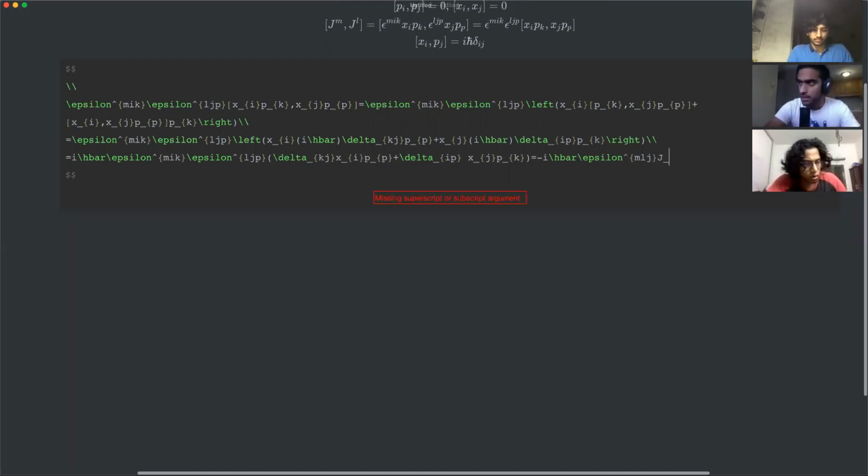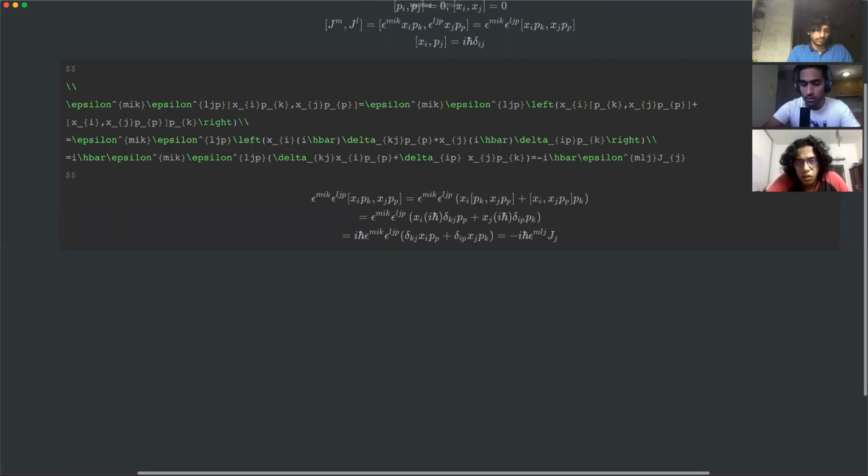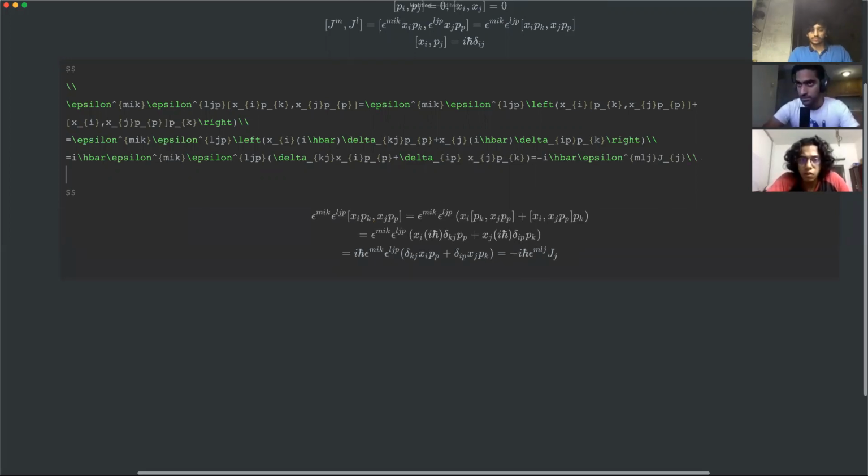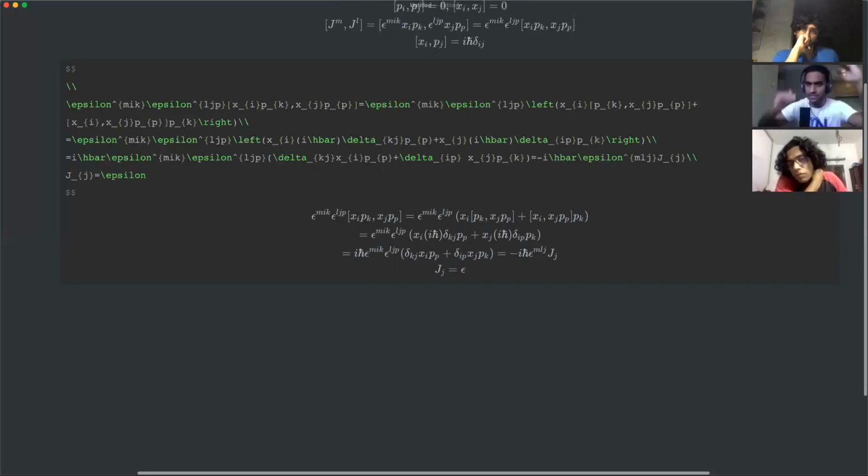Times J sub J, where you see there's just a lot of rewriting, so you have to do this kind of exercise. The J sub J is given by epsilon. In Cartesian coordinates, I'm not too concerned about whether I have raised and lowered or lowered and raised, because the Kronecker delta comes with no components.